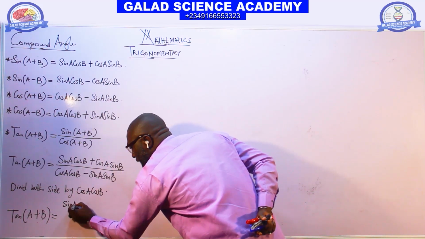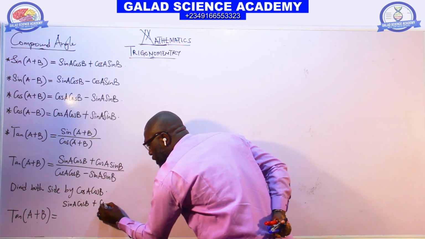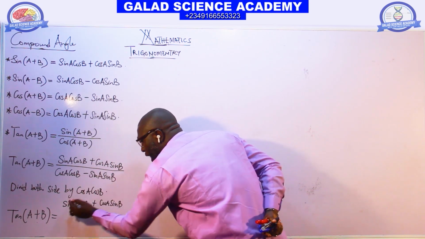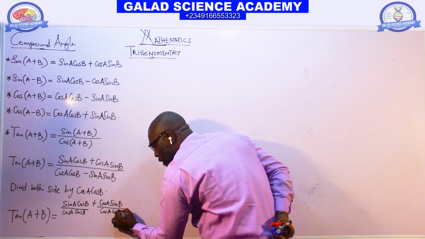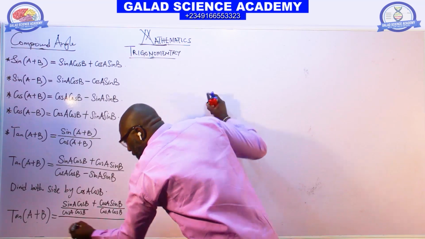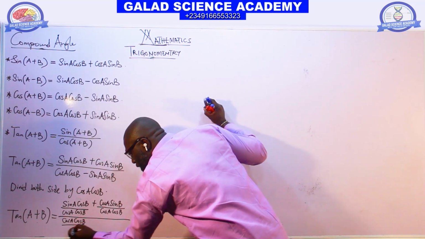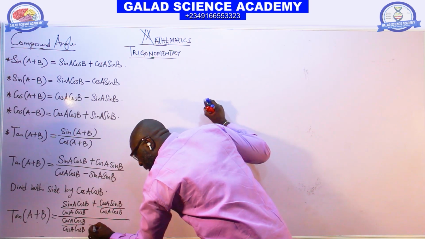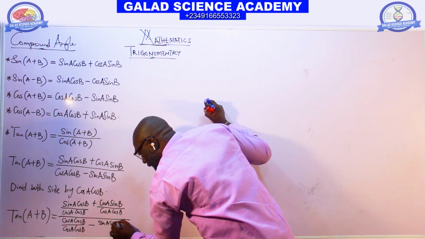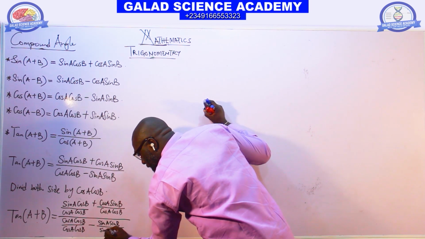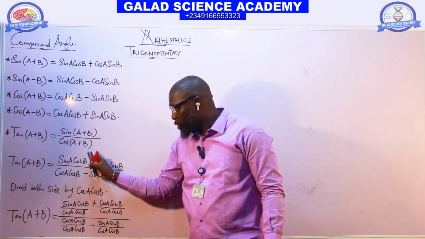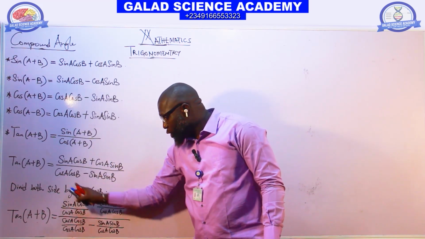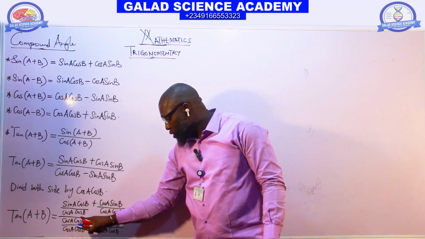We now have sine A cos B plus cos A sine B over cos A cos B, over cos A cos B minus sine A sine B over cos A cos B. I use this cos A cos B to divide this one, this one, these two.